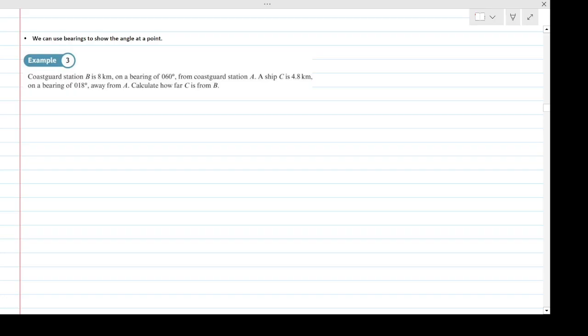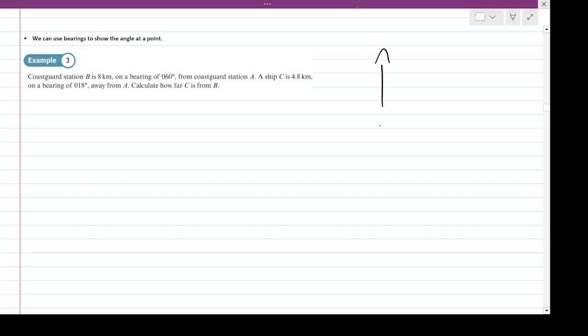Right, so again, we want to sketch the situation where the points are, but it includes bearings, which are basically angles. Well, they are angles, but they work slightly differently to typical angles. Now, with bearings, there are two key points.